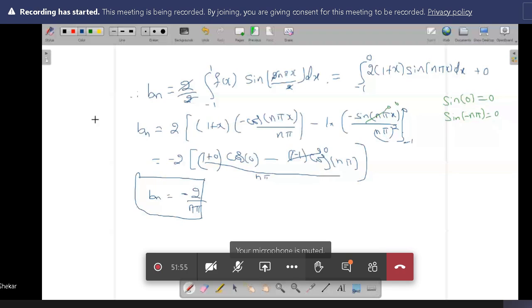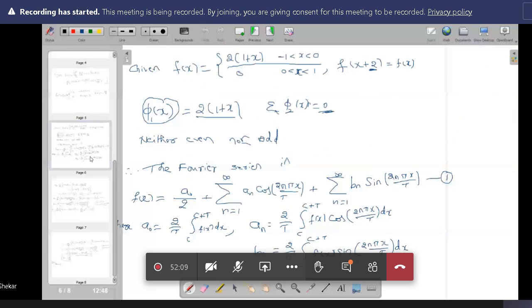So equation 1 implies f(x) equals a0 by 2. Just now we got a0, which is 1, and a_n is 2 by (n pi) whole square into (1 minus minus 1 power n).